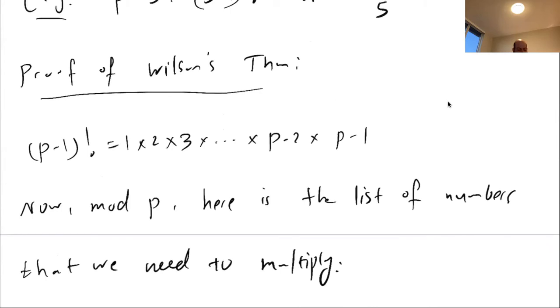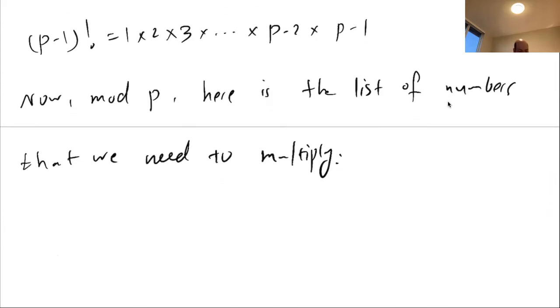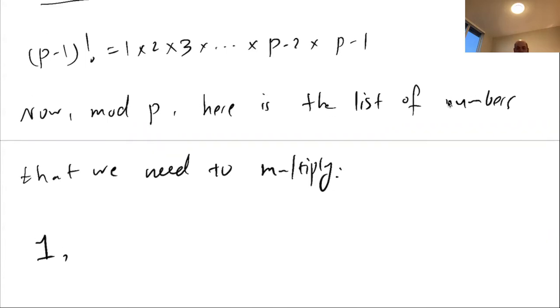Now, which numbers do I need to multiply? Look at the list: 1, then 2, 3, all the way to P minus 2 and also P minus 1. The first number is 1, and the last number is P minus 1.